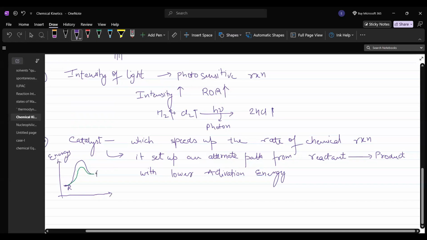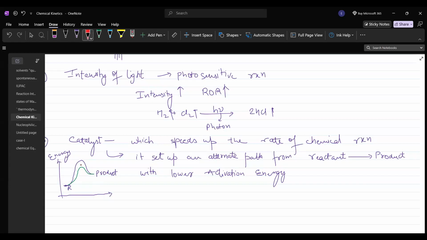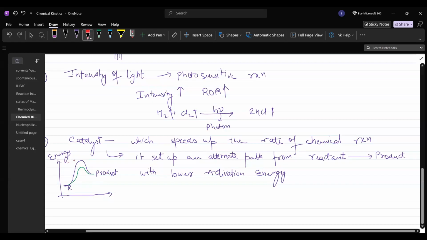So what is happening? We have to reach from reactant to product, right? For a reaction. So in real life, what happens? Without catalyst, a reactant have to go and reach to a certain level of energy. This is called activation energy. I will not define it for you to confuse you.